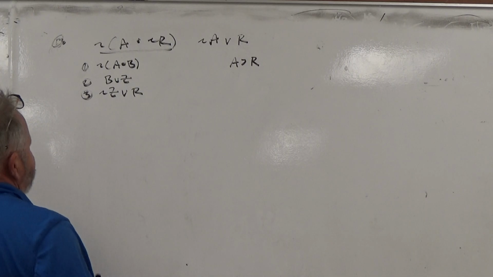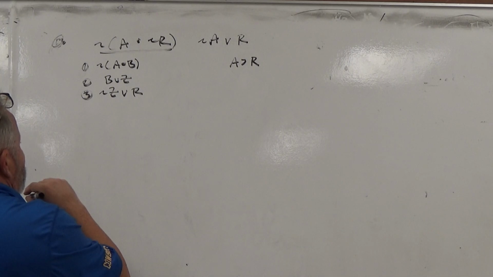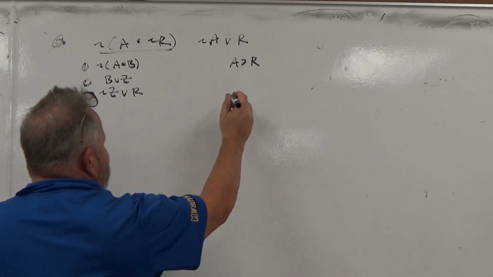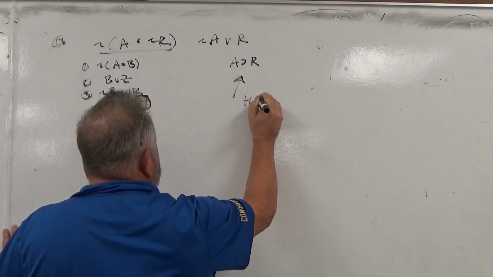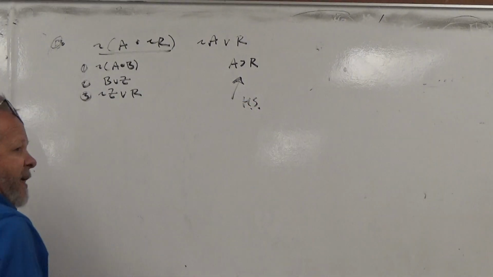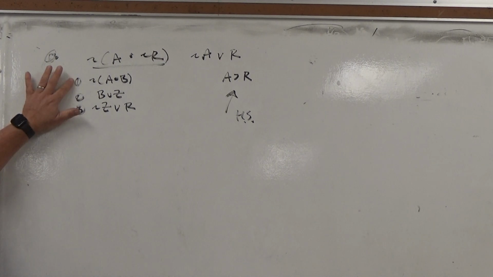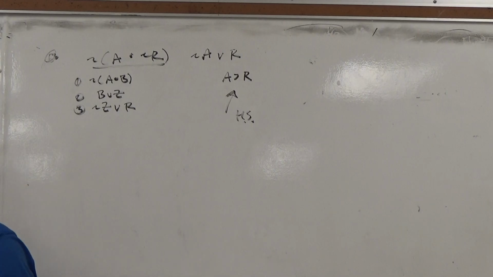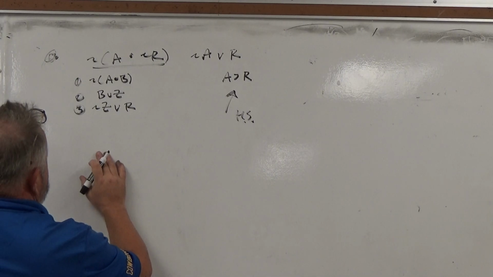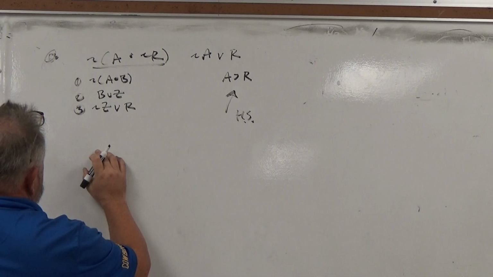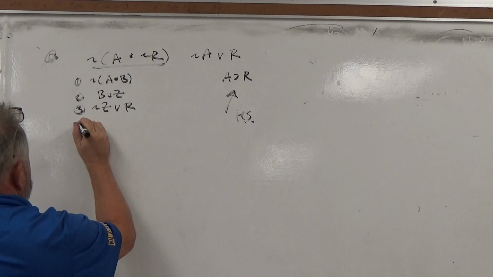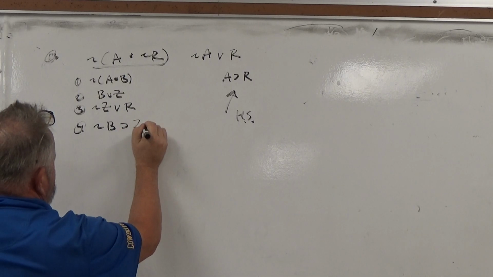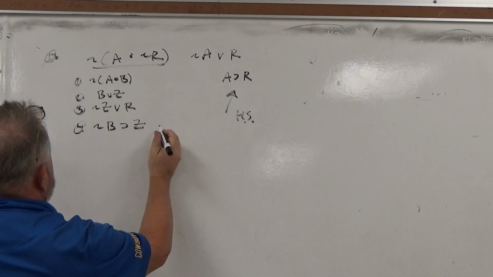I just have a feeling that we're gonna get this by a whole bunch of hypothetical syllogisms. So I just want to convert all of these things into conditionals, okay? And let's just start with number 2, not B then Z, okay?